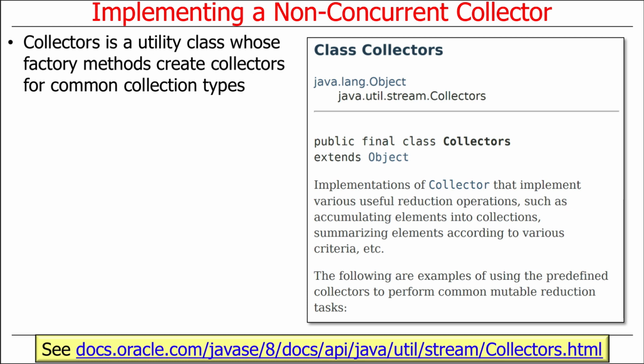So the whole purpose of a utility class is to have factory methods or helper methods that can make stuff typically, or do something, but it actually contains no state. So Collectors is one of those kinds of things. It's a utility class, and it contains factory methods that create the collectors for common collection types like list or set or map and so on, and the appropriate implementations of those things.